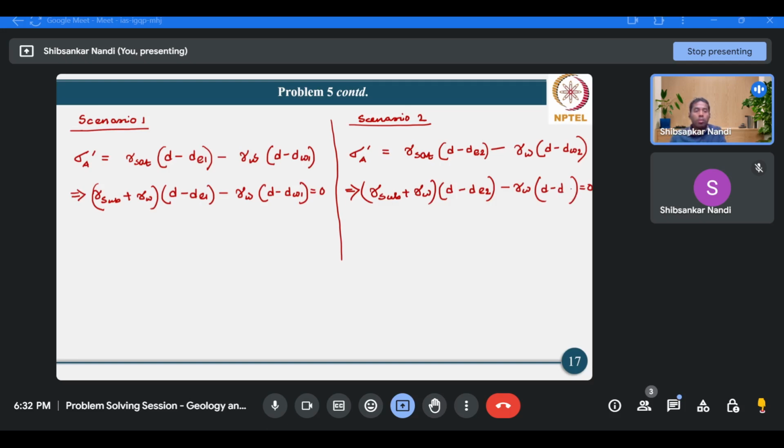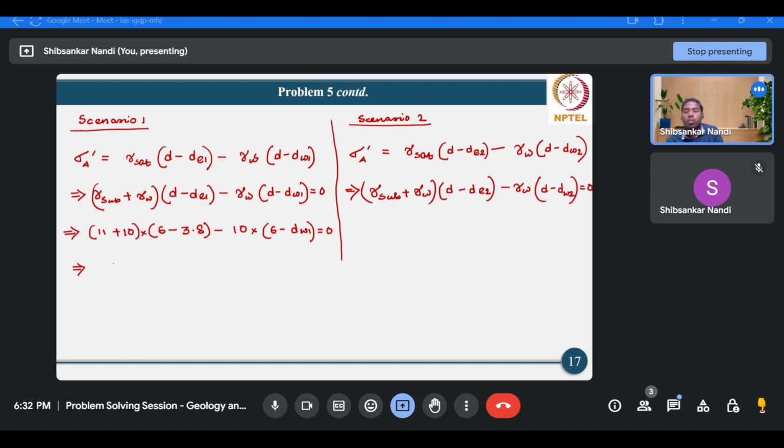Now we'll substitute the known values. The gamma sub is, not 18, it's 11, and gamma w is 10. Then d is 6, d1 is 3.8. So 21 multiplied by 2.2, minus 10 multiplied by 6 minus dw1 equals 0.